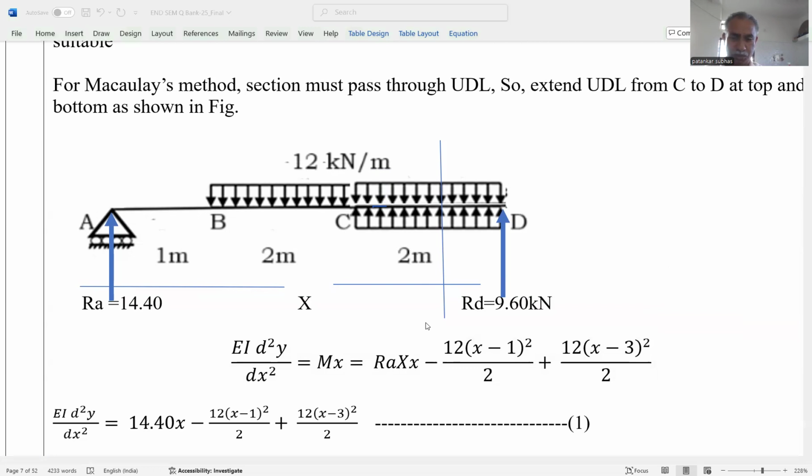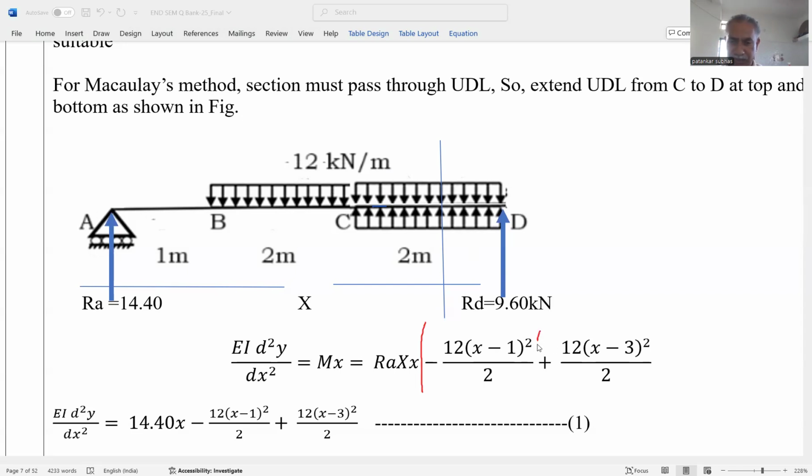Then minus the moment due to this UDL, that is 12 kilonewton per meter acting over the length. We take the section at distance x from the left support. This distance is 1 and this is x. That's why 12 into (x minus 1) into (x minus 1) by 2, that is 12 into (x minus 1) whole square divided by 2. That is the moment due to the top UDL. Okay, this is the second section.